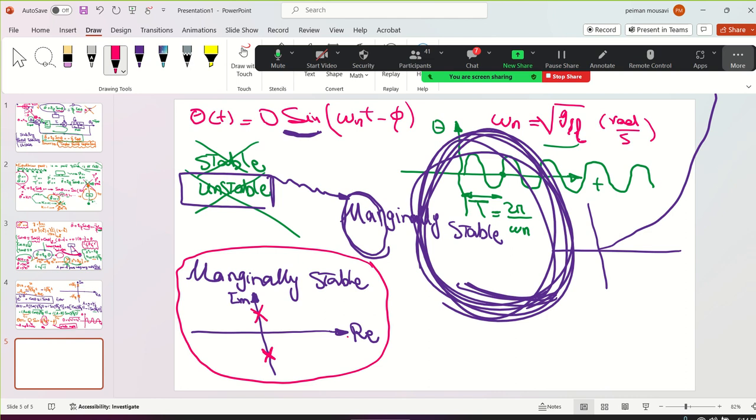A few classes later, we'll rename everything: roots are going to be poles. It means that your system is going to oscillate. It's marginally stable. Examples: the pendulum, your leg, your hand, or your grandmother's and grandfather's old watches.